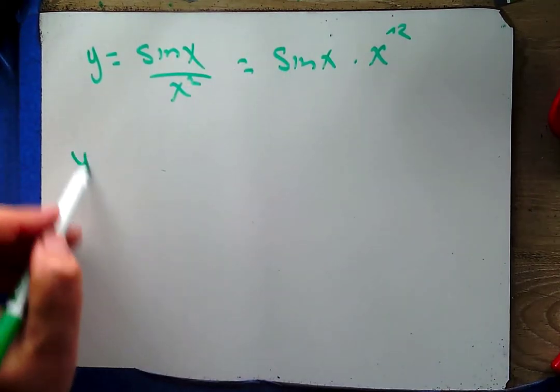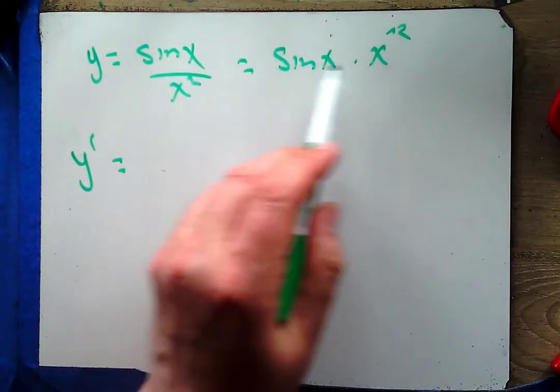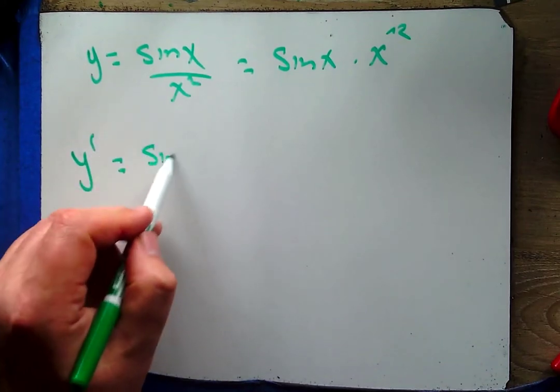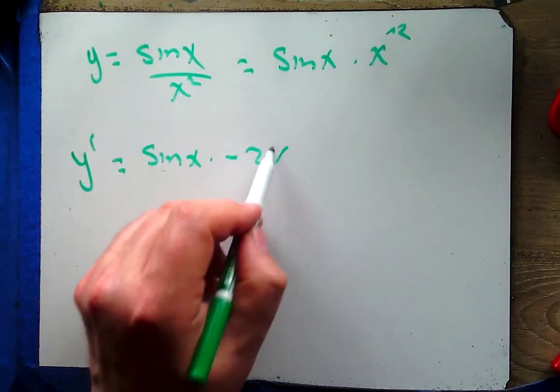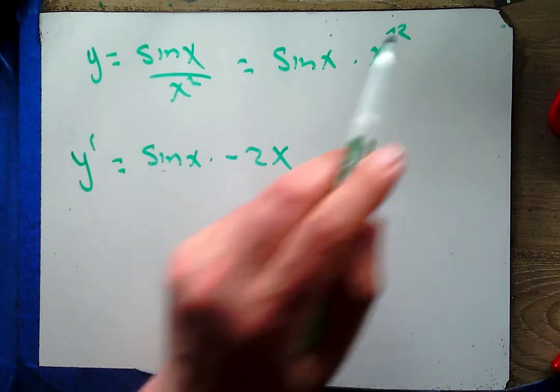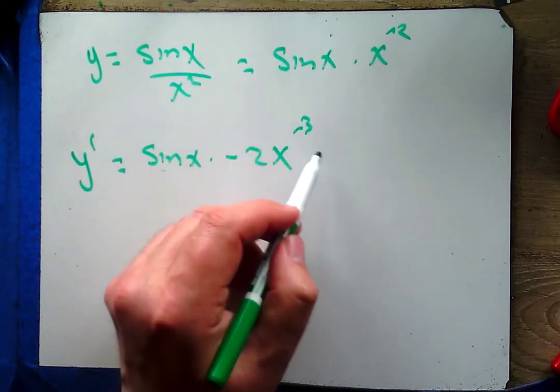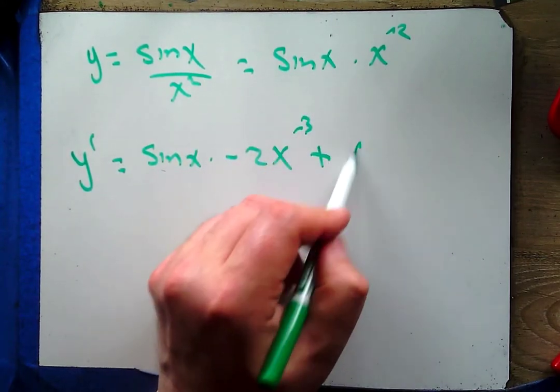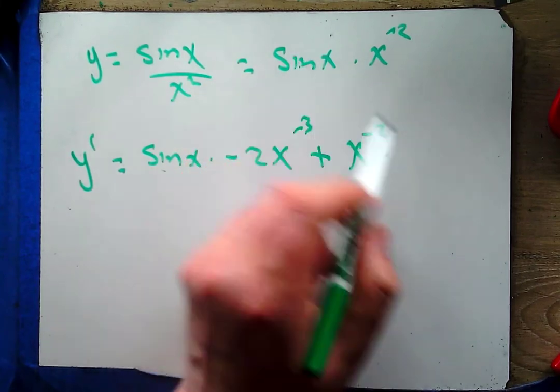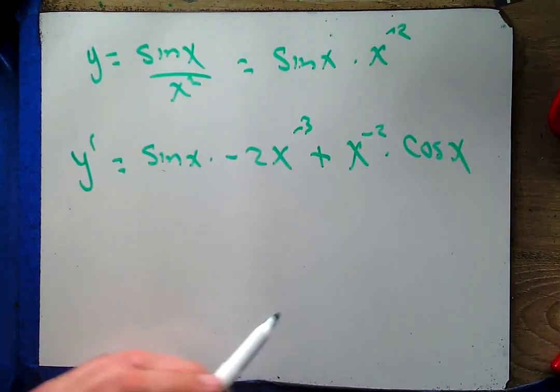Well, now it's a product rule. So this times the derivative of that, x to the, remember, subtract 1, negative 3, plus this times the derivative of that.